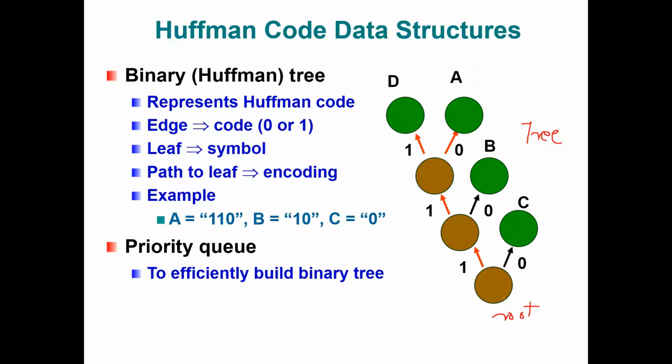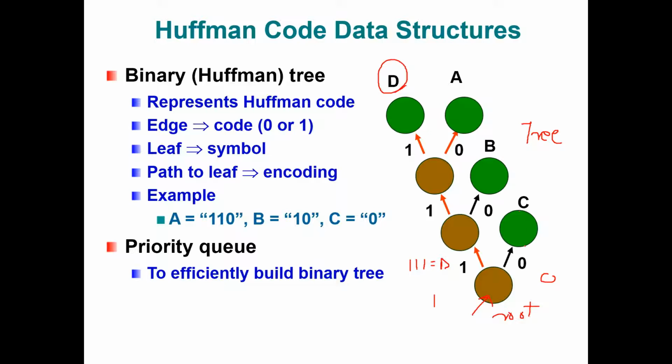For example, going right of the root should give us 1 and going left of the root should give us 0. So for this tree, the root is this node, so going right gives us 1, again going right gives us 1, and again going right gives us 1, and the last is the leaf node, which is D, so 1 1 1 equals D in the coding of the document.